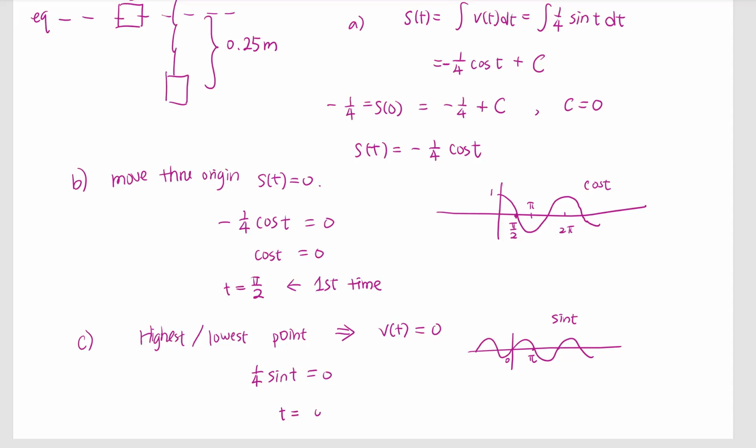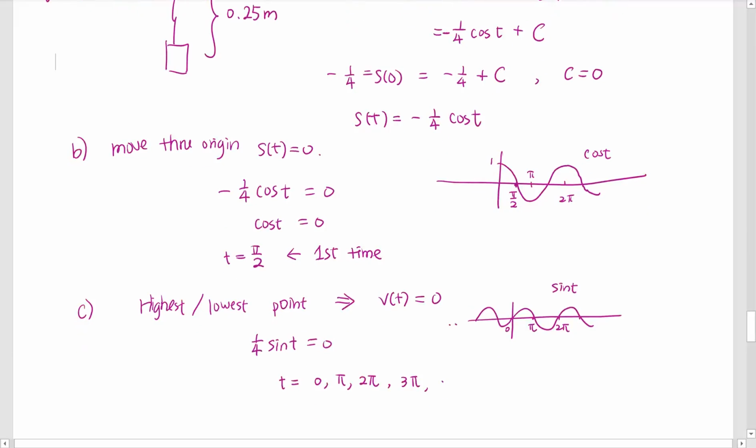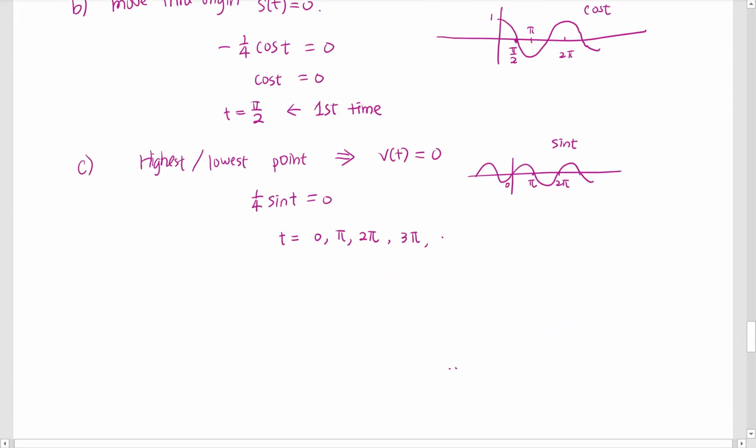So t is 0, pi, 2 pi, 3 pi, etc. This 0 is the initial position, where we start with t equals 0. So the initial position is s of 0 equals -1/4, right?